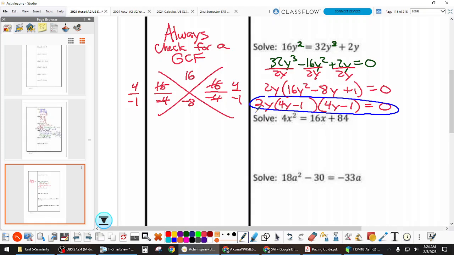In other words, if this is 0, what is 0 times these two factors? 0. If this one is 0, what is 0 times the first and last factor? 0. If this one is 0, what is 0 times those two? 0. So we have to find the spot where each of those becomes 0. That's what we've been doing the whole time, right? When you star factor, that's what you do.